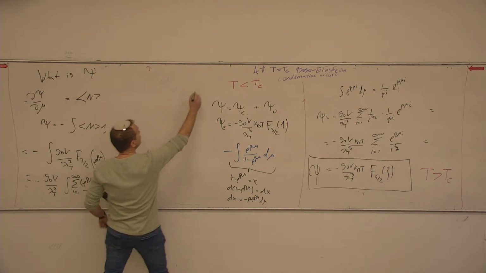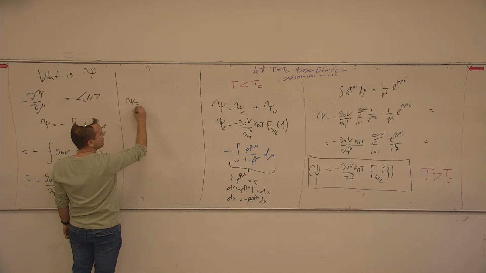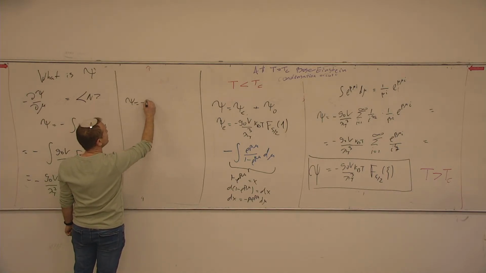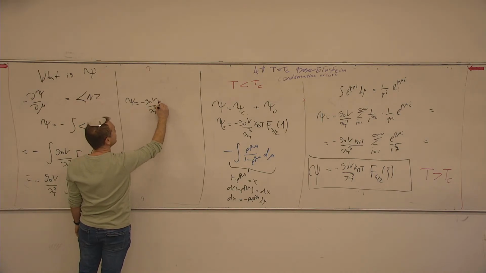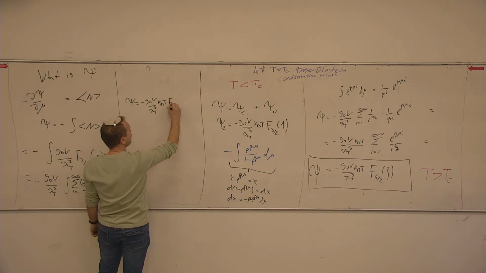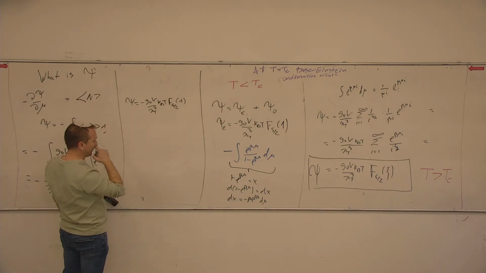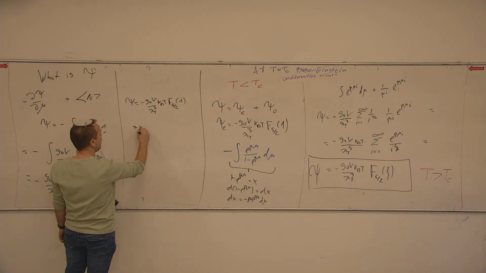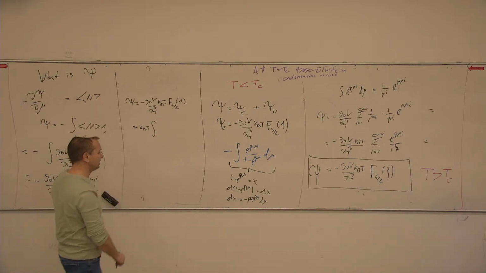So what we have is that psi equals minus g0v lambda t to the third k Boltzmann t f 5/2 of 1 plus k Boltzmann t, and here I have an integral, right?